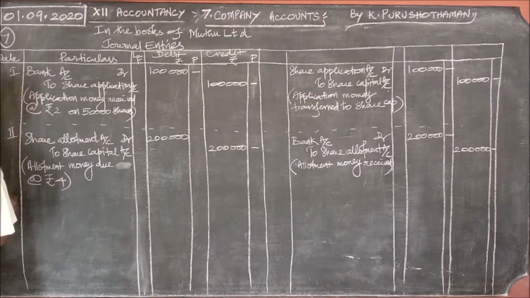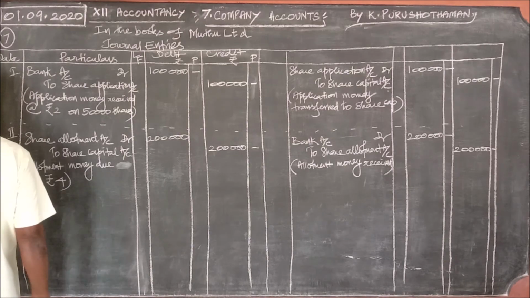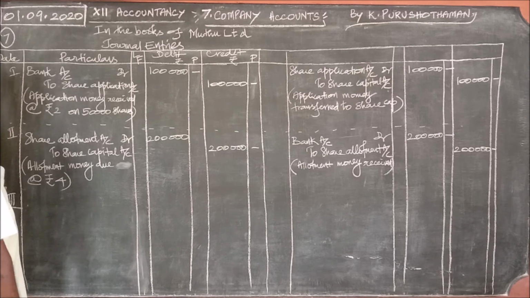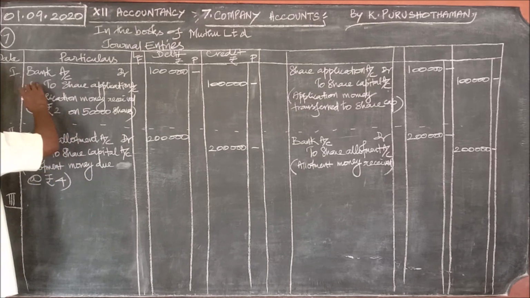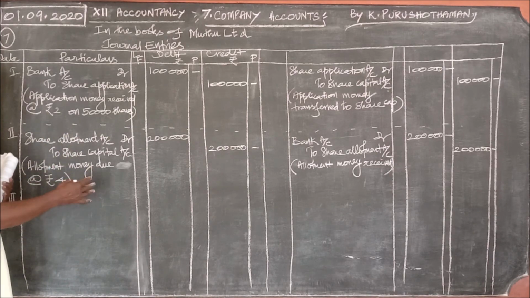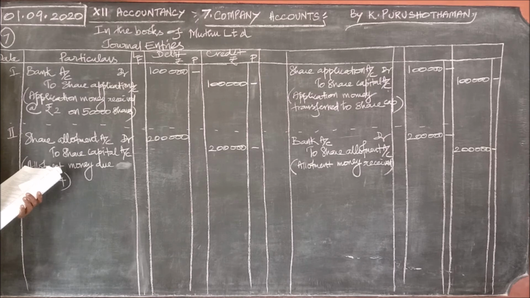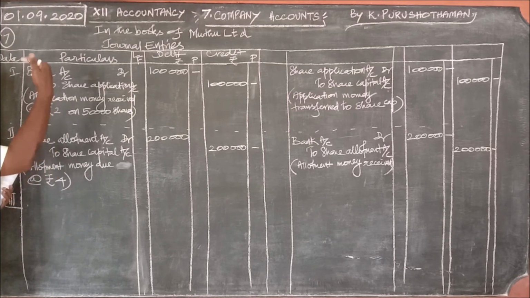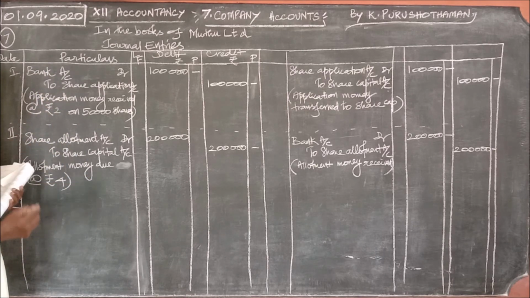What should be the third stage? Third stage is first and final call. I told you only the first stage is different from the second and third. Application stage is different from allotment, first call, final call and whatever other stages come later. From allotment onwards, all are one and the same. Only the name of the stage should be changed.